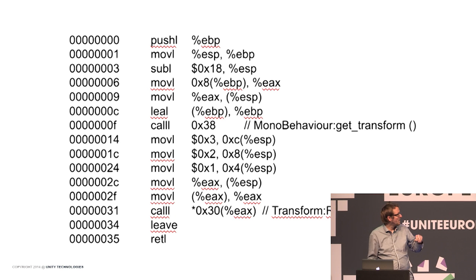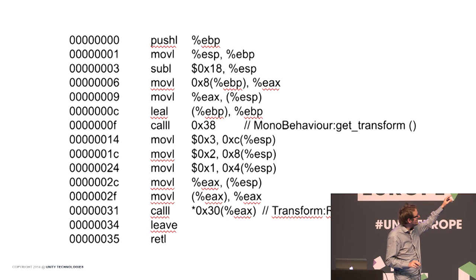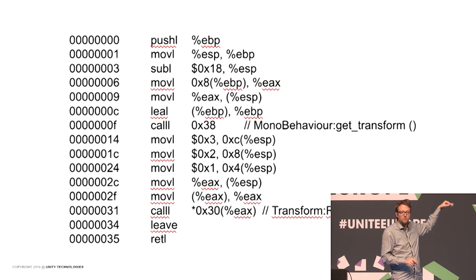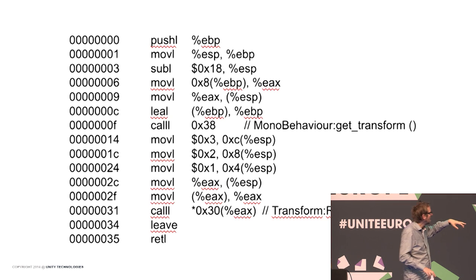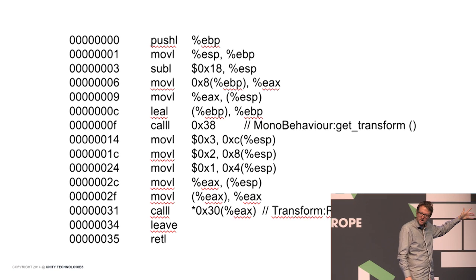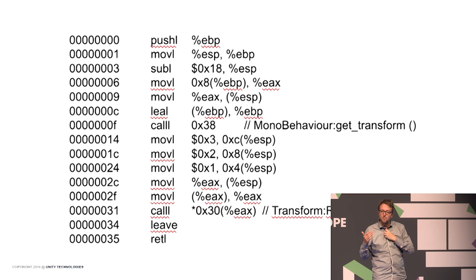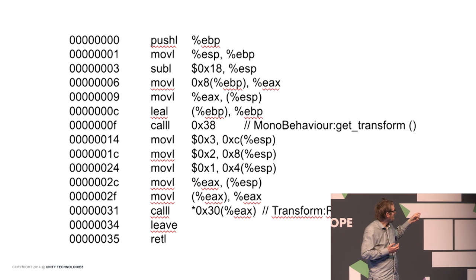To show you a slide, this is what the assembly code looks like that Mono generates for the same function. It's a bit hard to read, which is actually also a very nice property of IL2CPP, because before we were joking about how the C++ code was maybe not such a pleasure to look at. Neither is this.